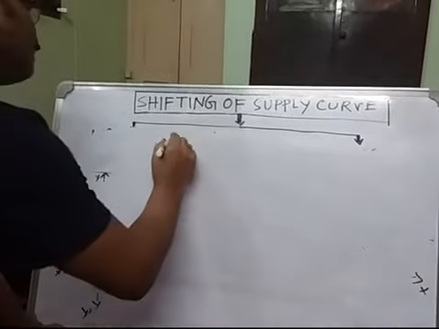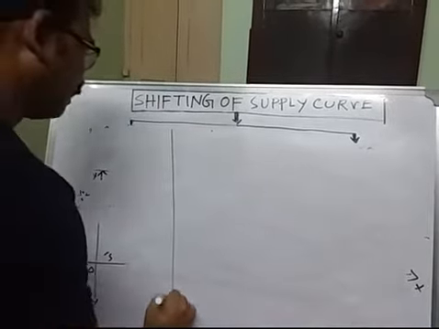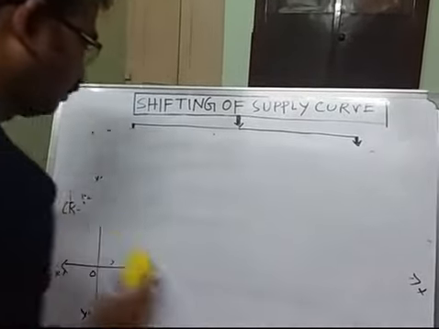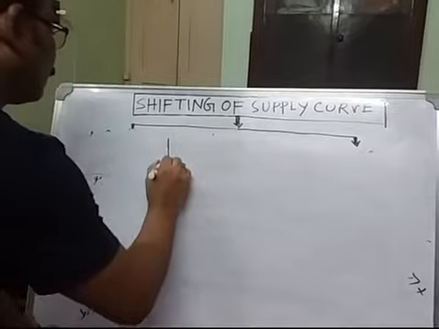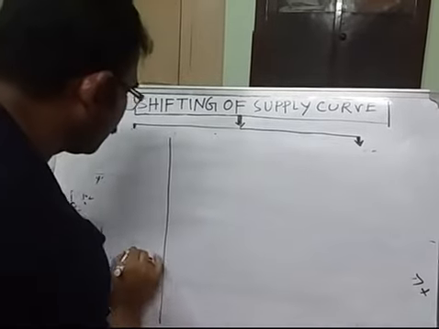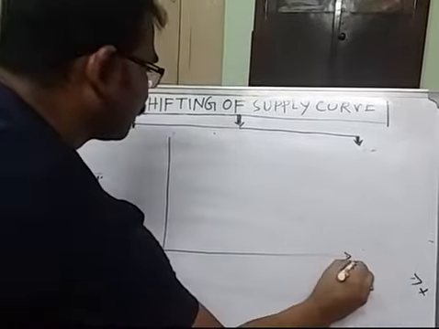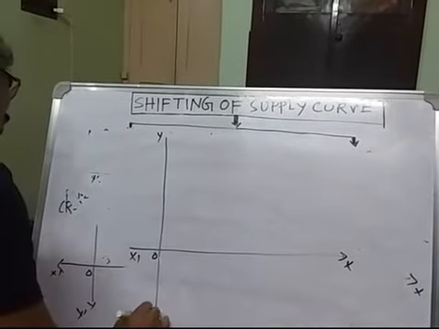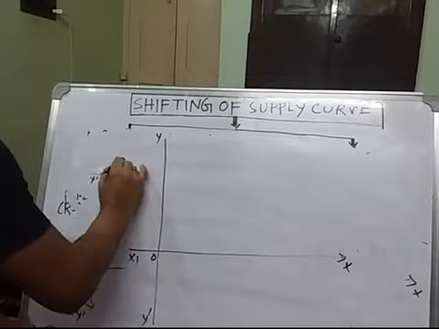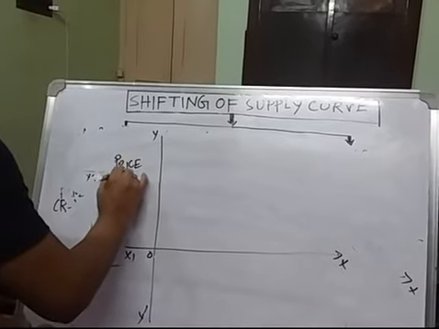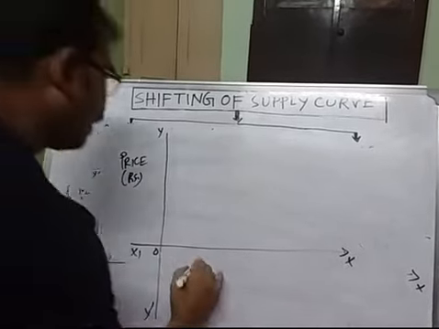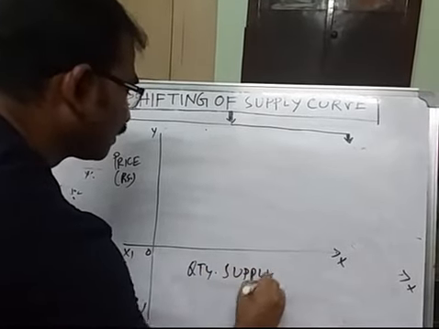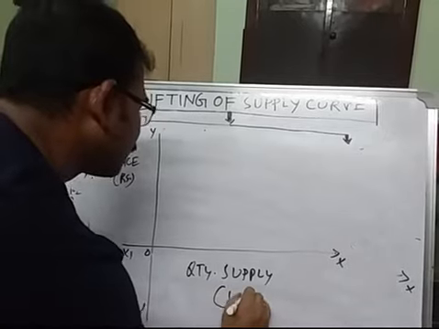Now see, this is a two-dimension curve, x o x dash and y o y dash denote price in rupees, and here is quantity supply in units.